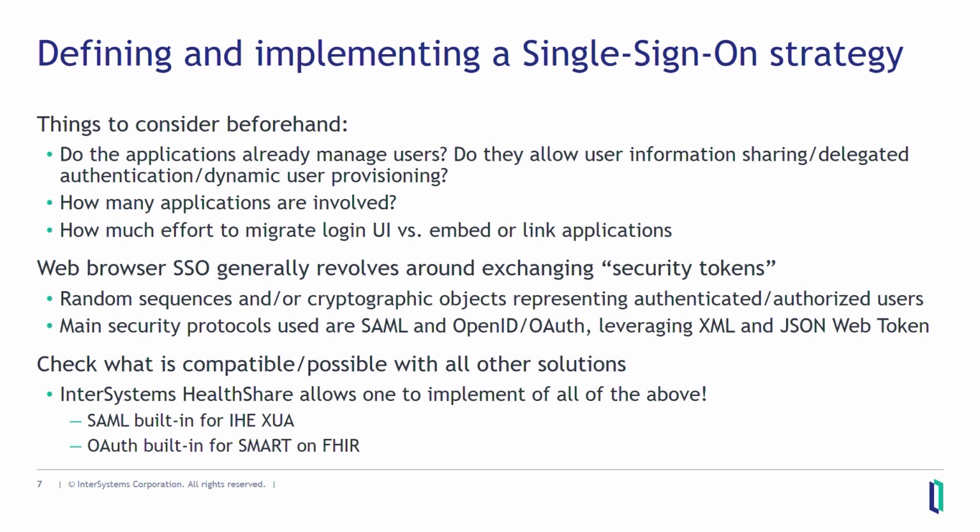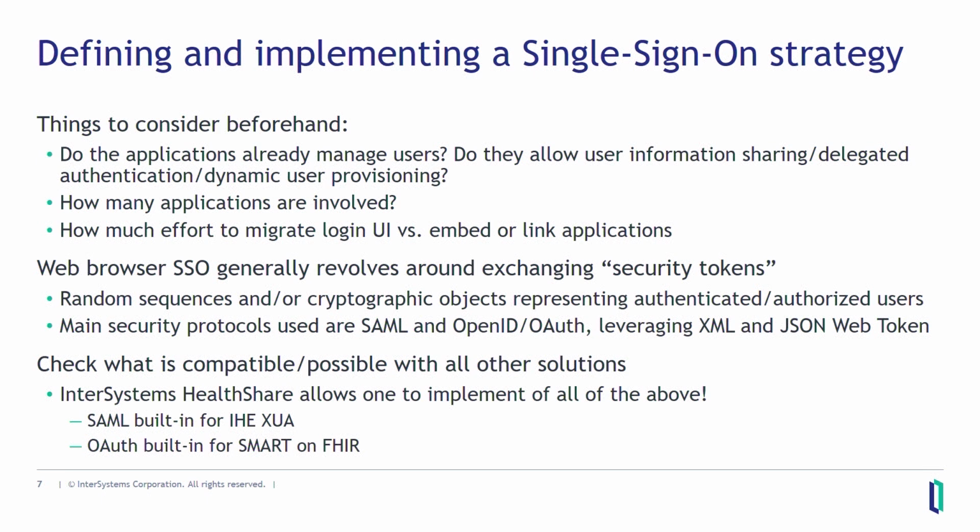So this being said, going back to the idea that you have to look at your applications, you have to see if your applications can all be compatible with either of these or both, and how they will allow single sign-on to be implemented. The good news is that HealthShare allows all of those to be implemented, and there's quite a lot of work already done for you.